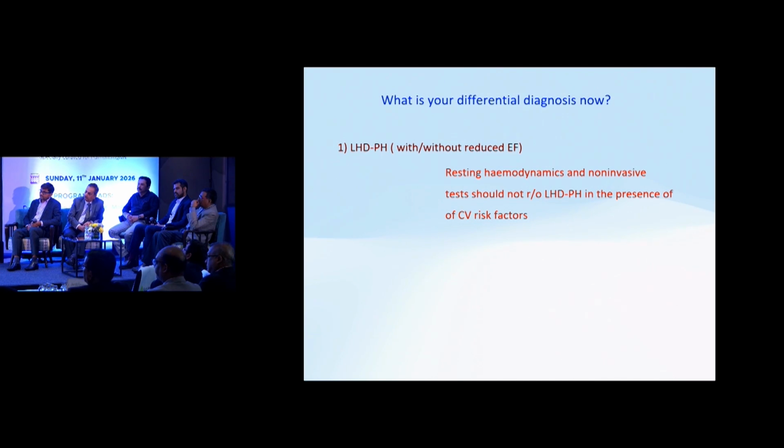This is true when the RV is not as enlarged, your PA pressures are not as high, and your left atrium is not normal in size. Then you would want to do certain provocative maneuvers, but that would be more when you're doing invasive testing like right heart catheterization. So you mean if we have echo low or intermediate probability, then yeah. Okay, fine.